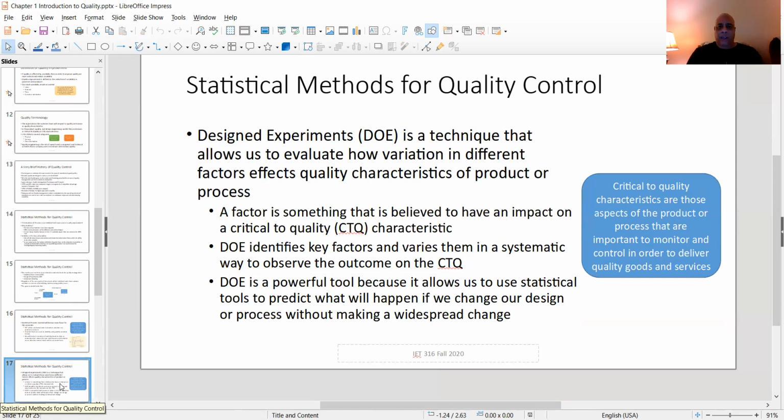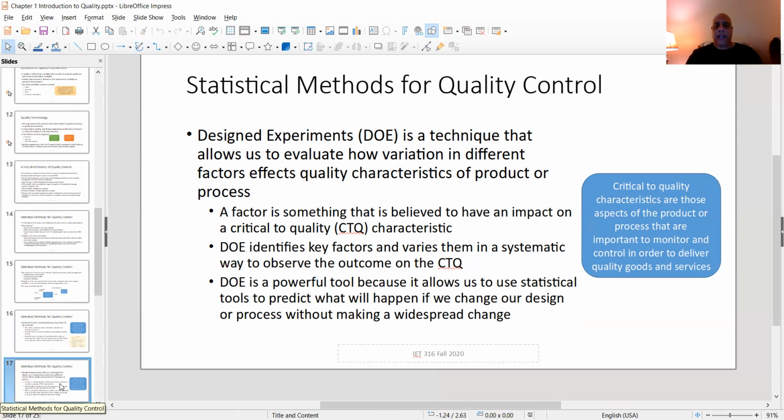Also, designed experiments, known as DOE. Designed experiments is a technique that allows us to evaluate how variation in different factors affects quality characteristics of a product or process. So when we break it all down, we deal with factors.